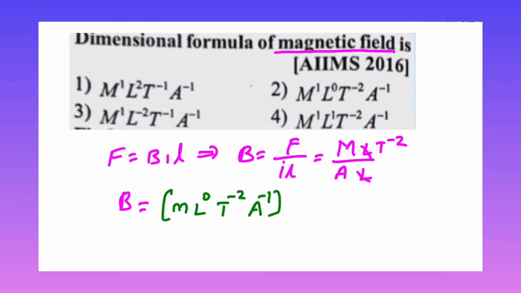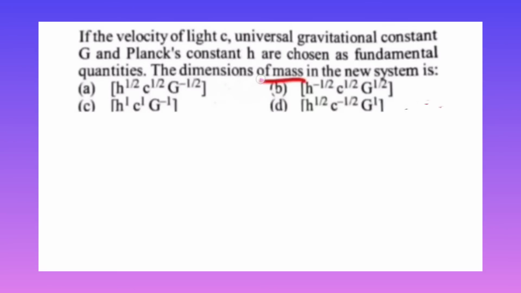We will find out the dimensions of mass in terms of the velocity of light, the universal gravitation constant G, and Planck's constant h. So what is an easy method to find this? The easiest method is to write F is equal to G m m by r square.